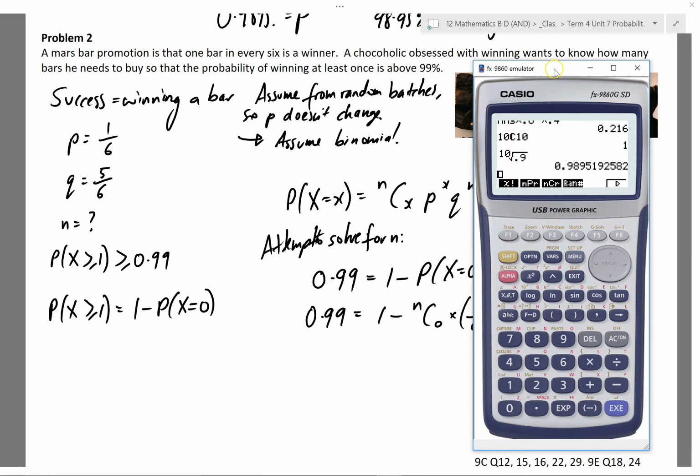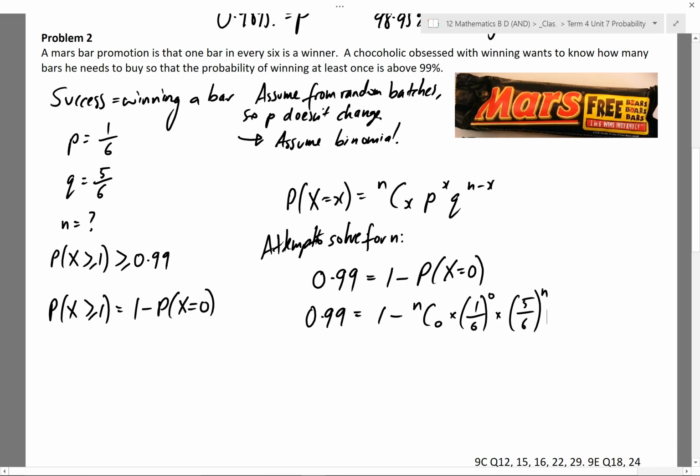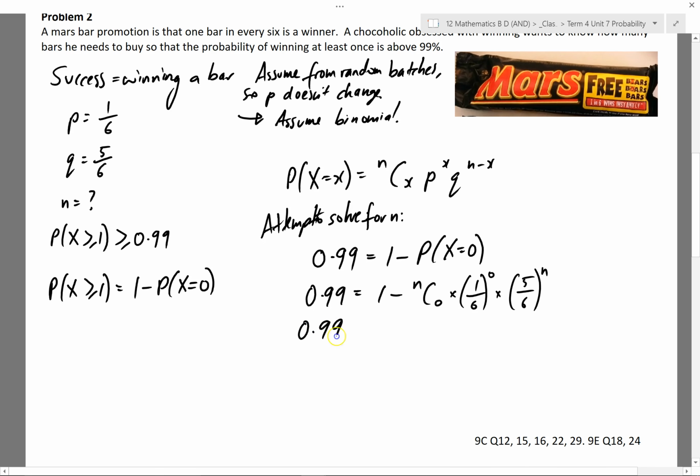NC0, if I don't know anything about permutations and combinations, I could try 5C0 or 9C0, see if there's any pattern to the results. 15C0. So regardless of what that top number is, NC0 is always going to be 1. So this here will always be 1 times something to the power of 0 is 1 times 5 on 6 to the power n.